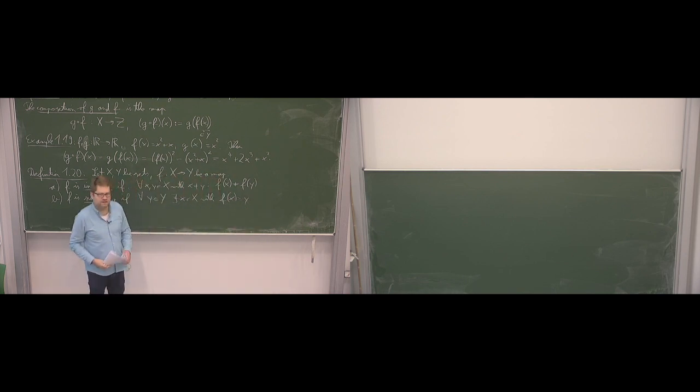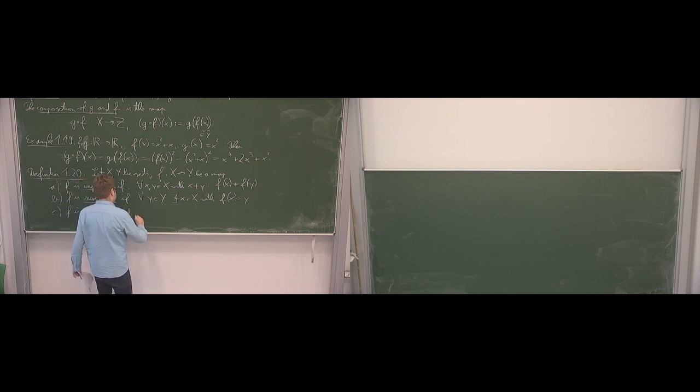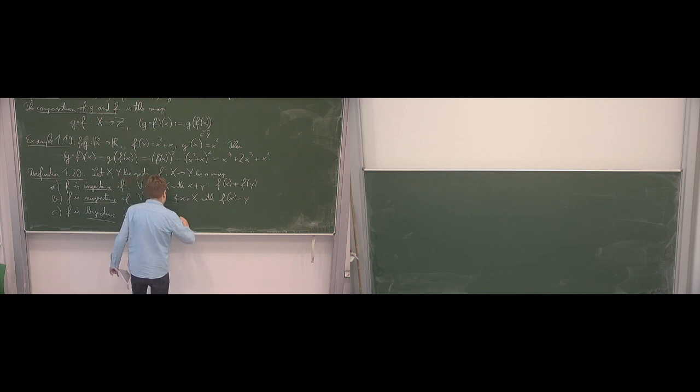So for every y, something is mapped onto it. Every element in Y is met by images of f. And C, finally, f is bijective if it is both injective and surjective.